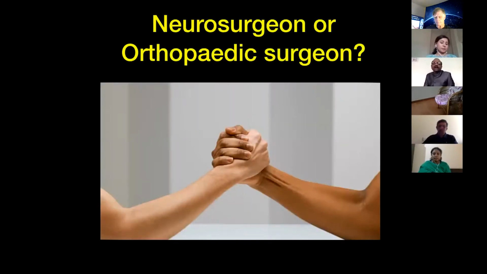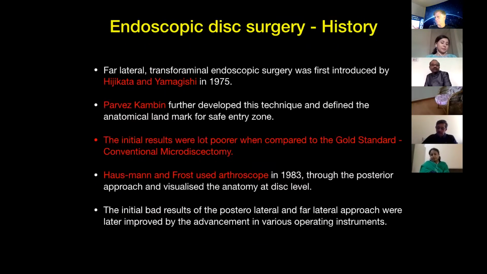Who is a better spinal surgeon, neurosurgeon or orthopedic surgeon? This contest has been going on, but for the transforaminal route, the contribution was mainly done by the orthopedic surgeons. Maybe because, as I already told you, we neurosurgeons want to see and cut, but the orthopedic surgeons pioneered this technique.